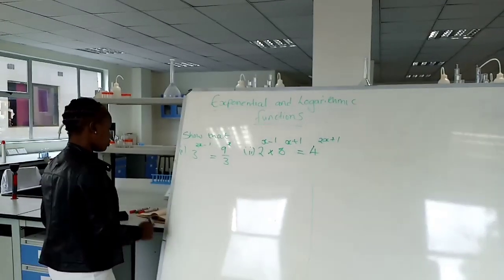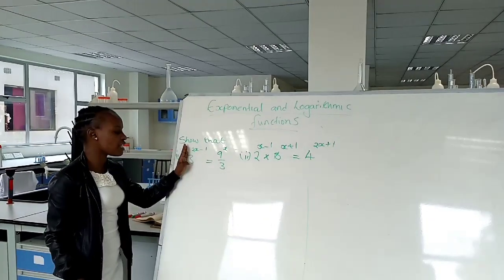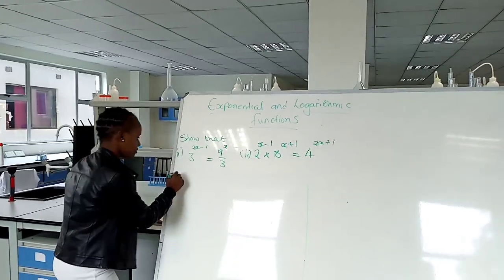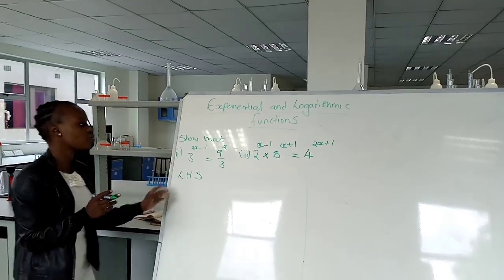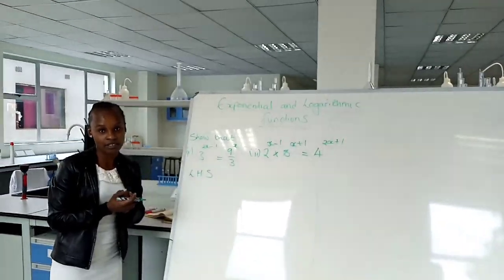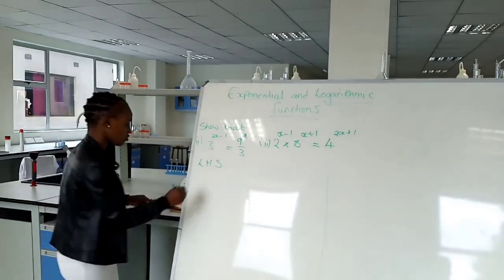So we are still going to use the same concept. From here we're going to consider the left hand side to make it the right hand side, because that seems to be easy for us to do.